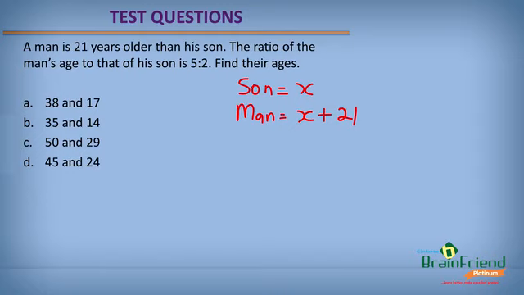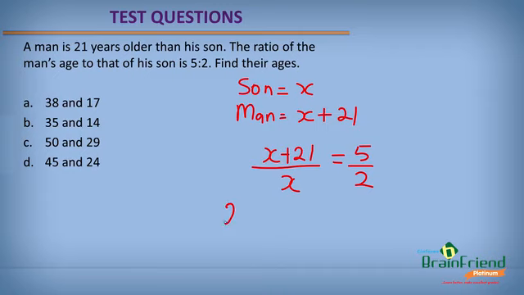Now the ratio of the man's age to that of his son is 5:2. The ratio is also the same as the quotient. So (x plus 21) over x is equal to 5/2. Now we have converted our word problem to an algebraic equation, and we can simply solve for x. The first step is to find the LCM, and the LCM of x and 2 is 2x. So we multiply each term by 2x.